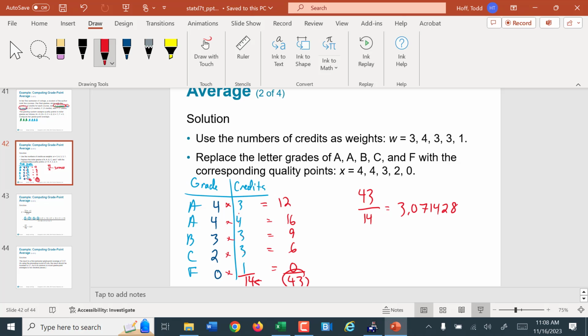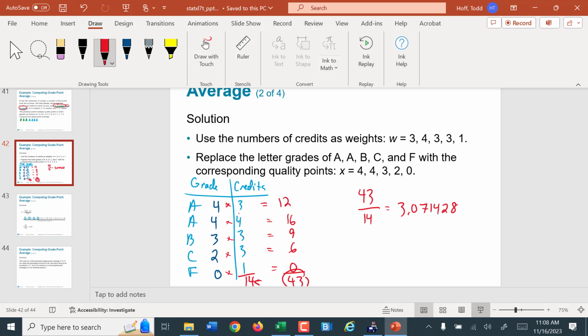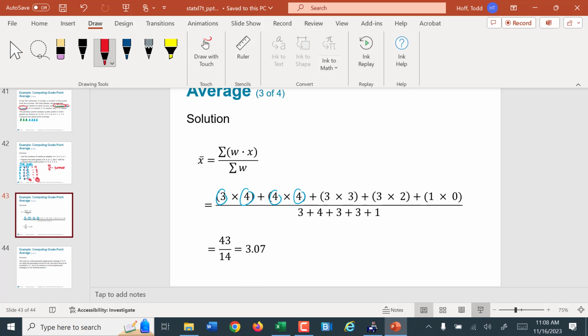We can keep going with that. So there we have it. That is that weighted mean. That's exactly what they calculated here. They rounded it off, of course, to 3.07.